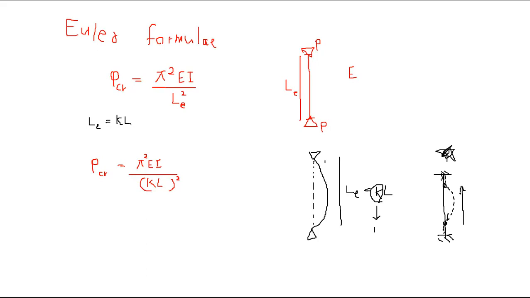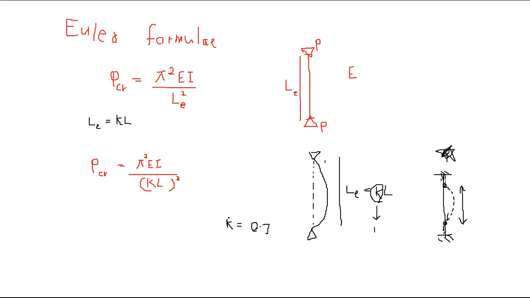So there are some factors. I don't really remember that factor. I think it's 0.7. No, you have to check that. This has been provided in the appendix. So depending on the end conditions, this is changing. The K factor will give you that. If it is fixed, for instance, let's say K is 0.7.